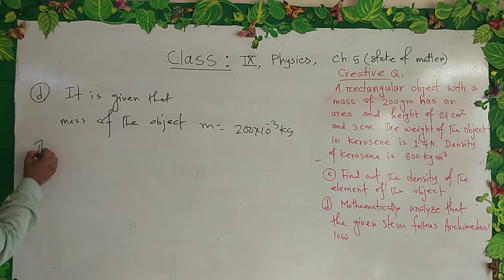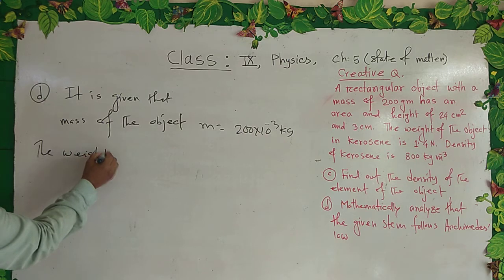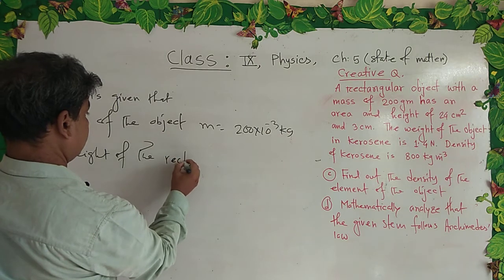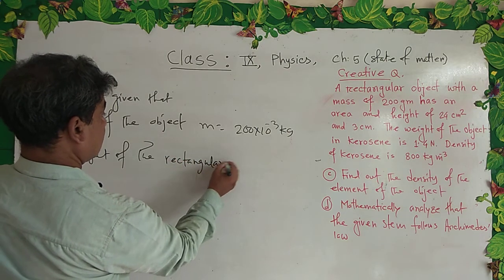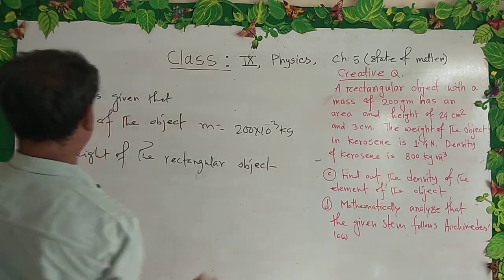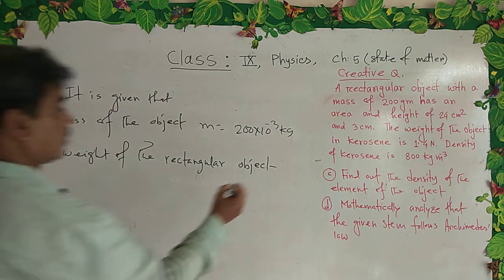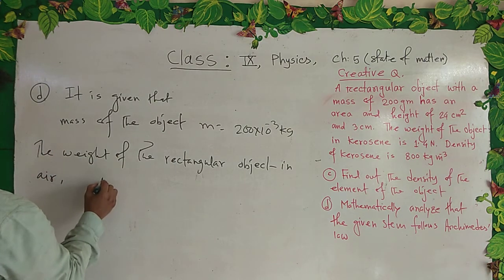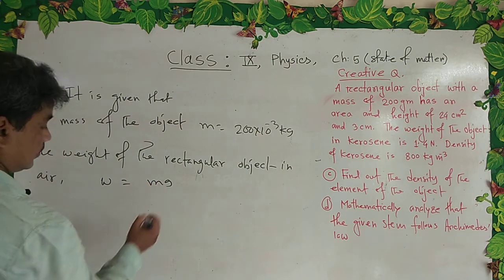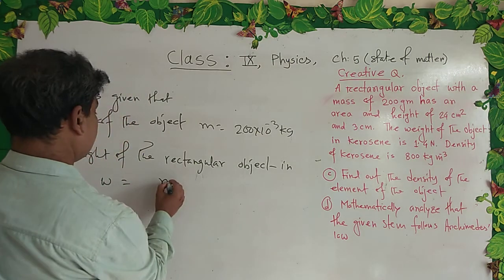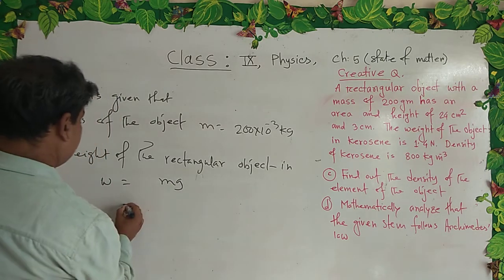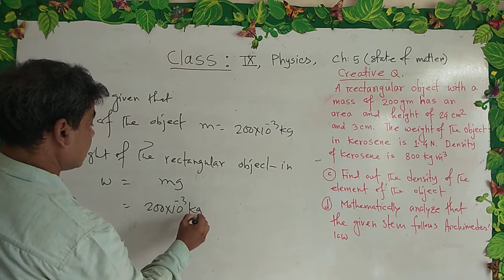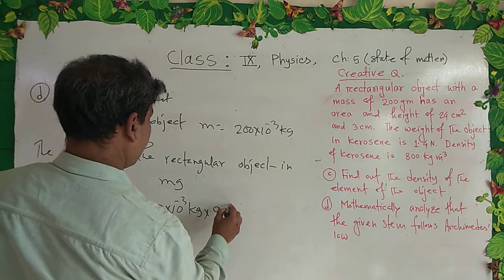So the weight of the rectangular object in air, W equal to mg, that is m, 200 into 10 to the power minus 3 kg, into g, 9.8.